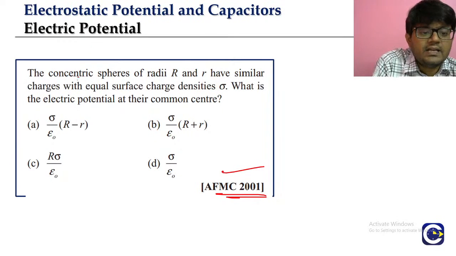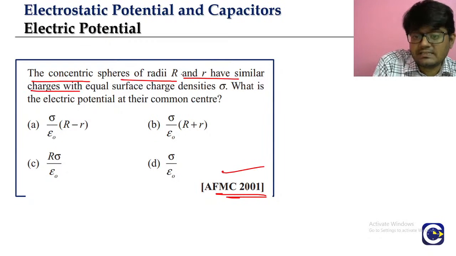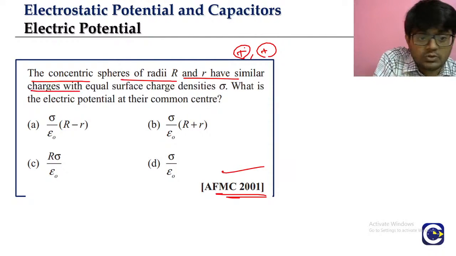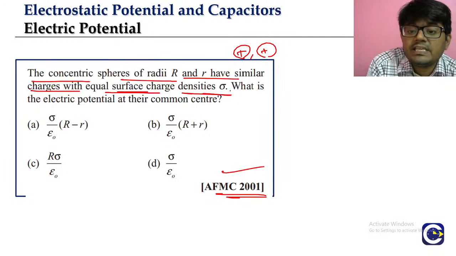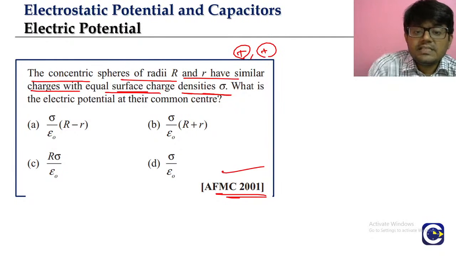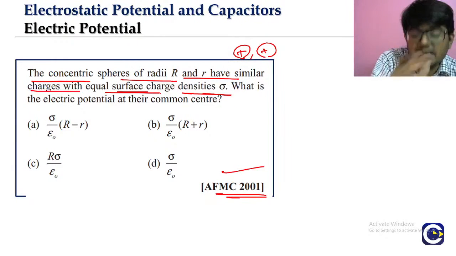But here, look: the concentric spheres of radius capital R and smaller r have similar charges, meaning both are positive, or both are negative, with equal surface charge density, the same sigma.